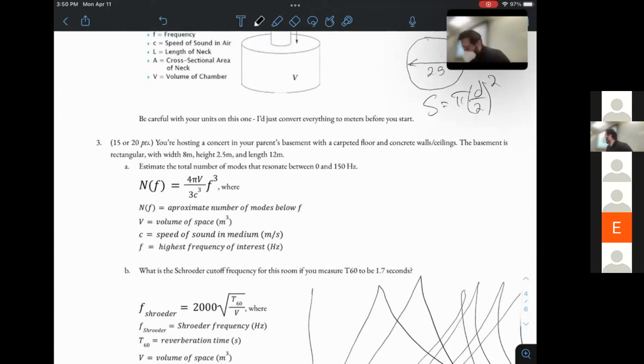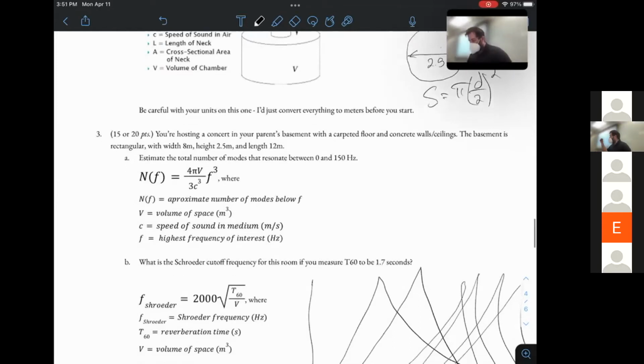You could just run it and iterate through every possible permutation, every different mode, and count them up. But there's a rule about that spacing somewhere in this math, and you have to know what that rule is. Sorry, never mind, this is not the Schroeder frequency. Yeah, you could just count them up. I think it would take you a long time to run it potentially, but you absolutely could.